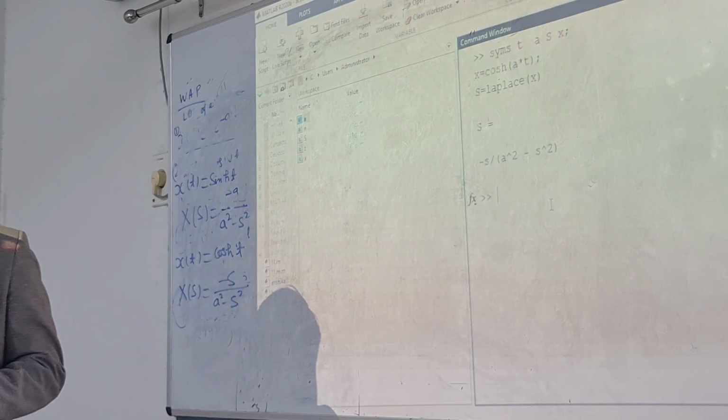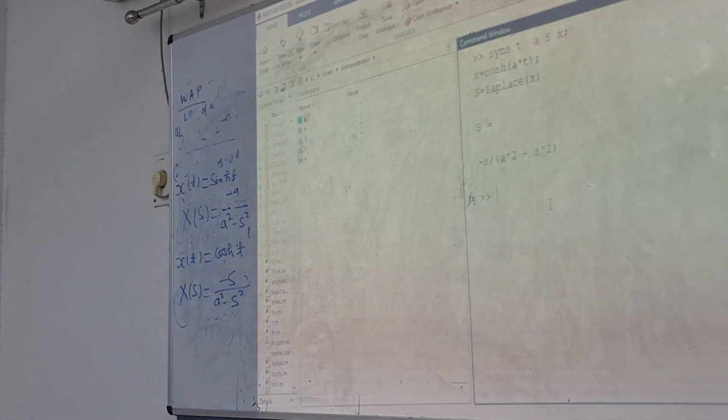This is a simple result. You have written s upon s square minus a square, as the book writes it, so it is written this way. This is the exact result. You find the Laplace transform of the standard functions.